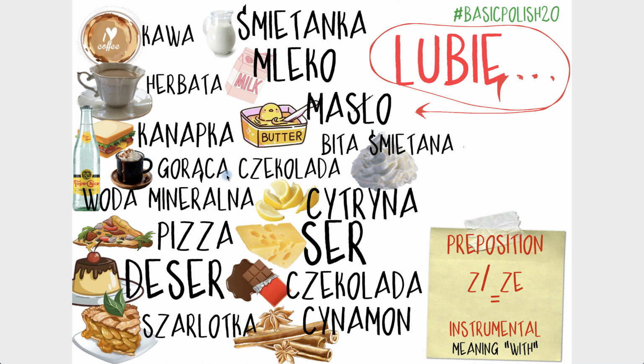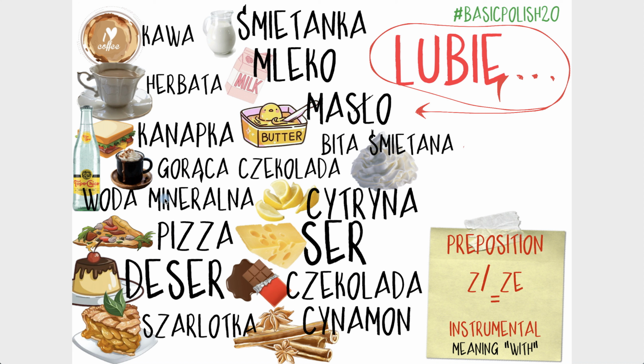So gorącą, because this is the ending, ą is also an ending for accusative, the same ending for instrumentals as you can see, gorącą, but for feminine and accusative, czekoladę, both ą in instrumental, z bitą śmietaną. So once more, lubię gorącą czekoladę z bitą śmietaną.